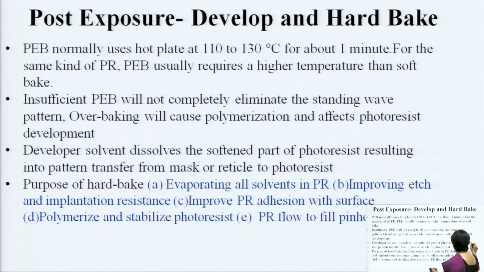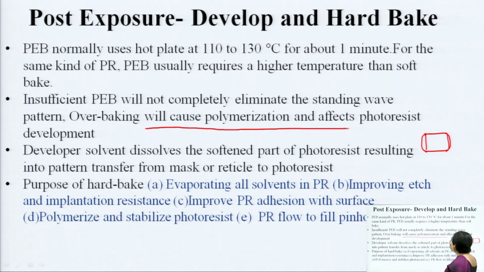Many times, if your area is exactly rectangular, it gets swollen at the sides, and this swelling effect can reduce the performance, and therefore you carry out such kind of baking. You ensure that the polymerization effects are not going to hamper the etching or the development process which happens subsequently.